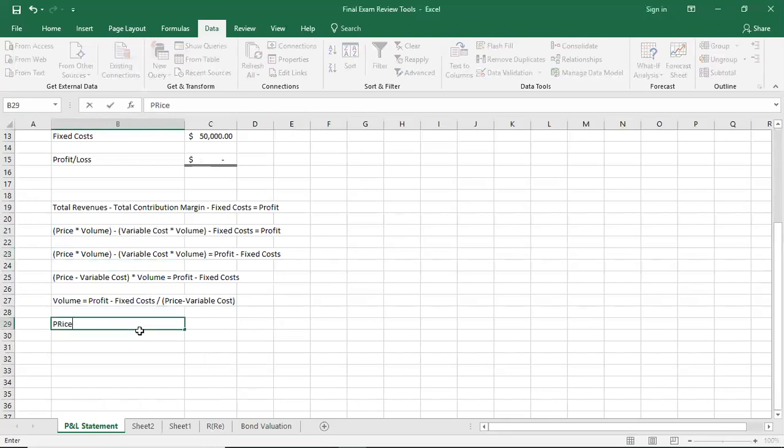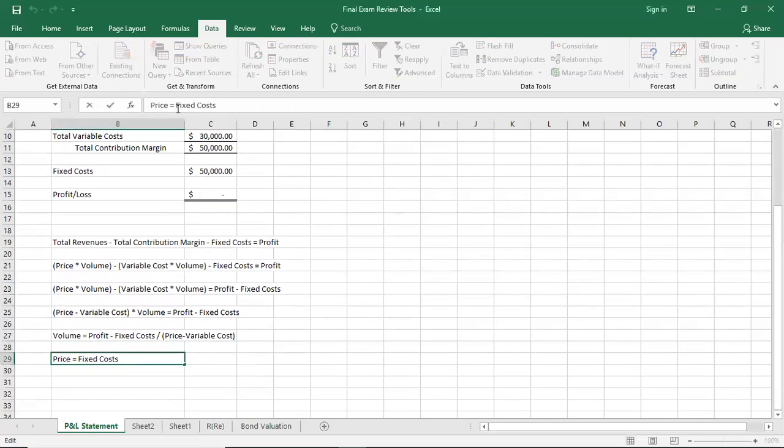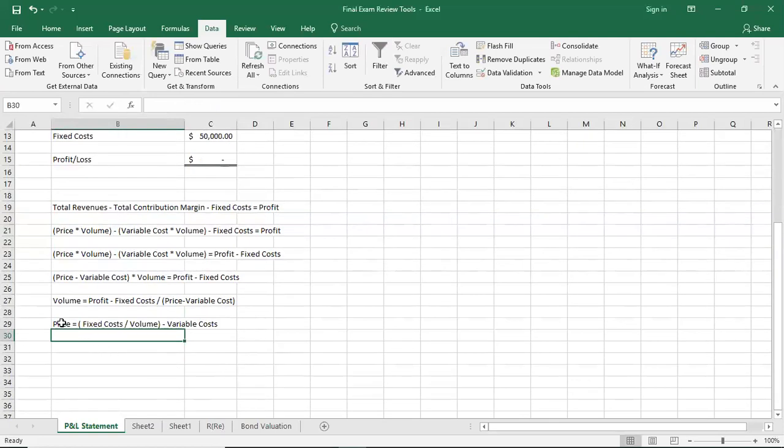You'll end up with price equals fixed costs, let me put this one in parentheses, fixed costs divided by your volume, and then you're going to minus variable costs. Okay. There you go.